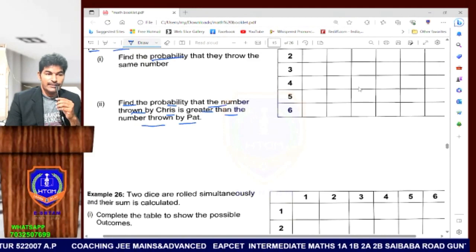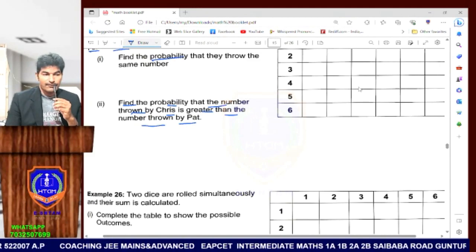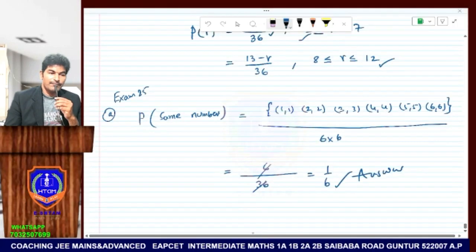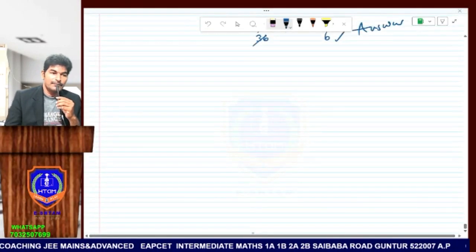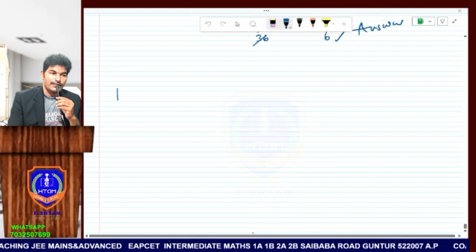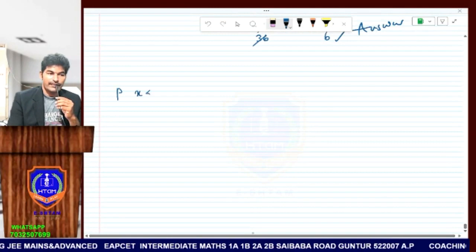So Chris's number will be more than Pat's. The required probability is the case of x less than y.